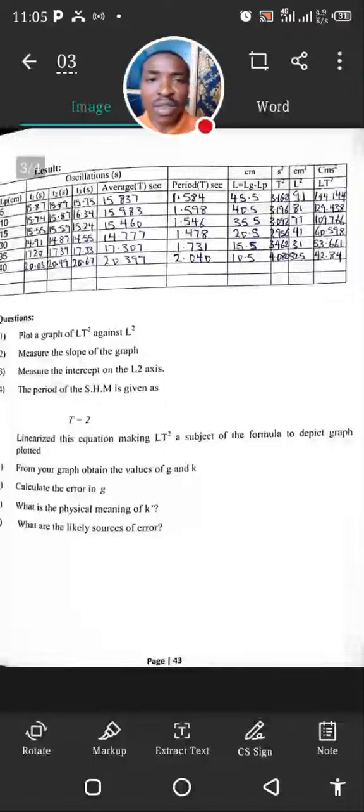Now there's a mistake I'm going to correct here, because I sent this material to some students, and they were complaining about this. This L square is not times 2.